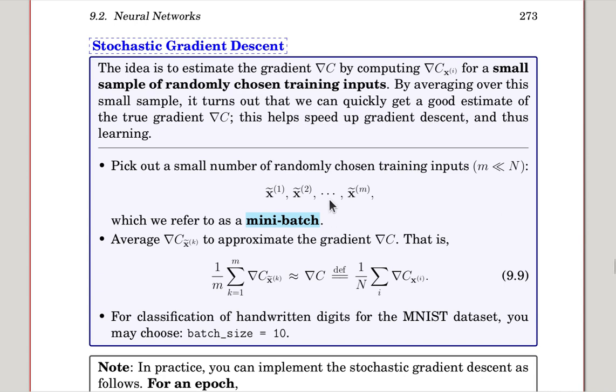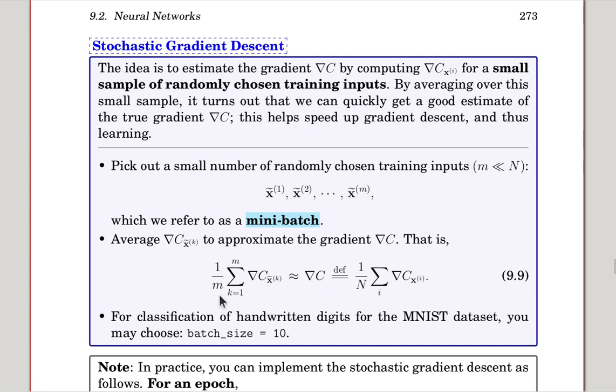First, we set a small number M of training inputs, and M is way smaller than N. For example, you can choose about 10 or 20, so that for each of these M images we get the gradient and then average them.